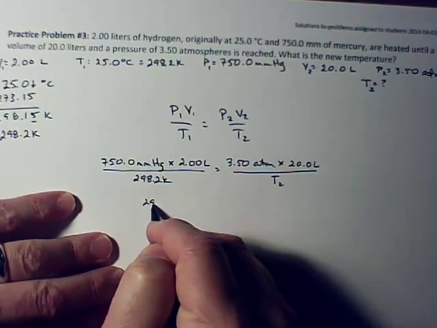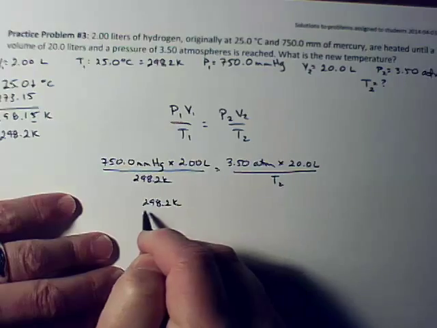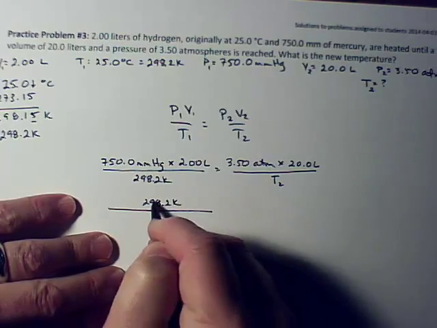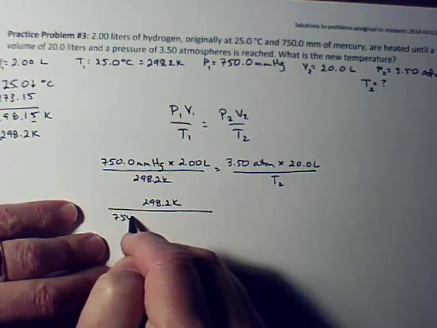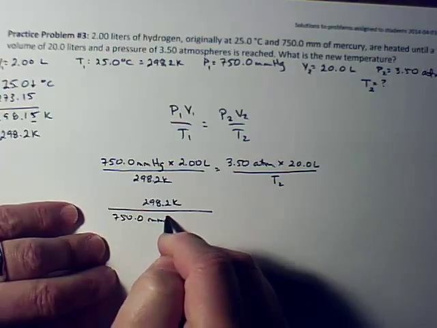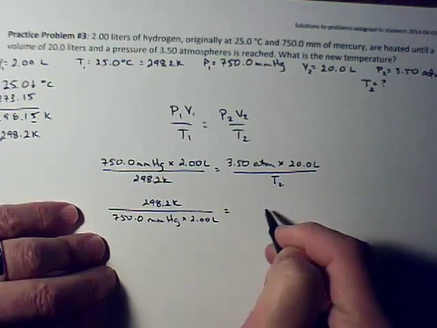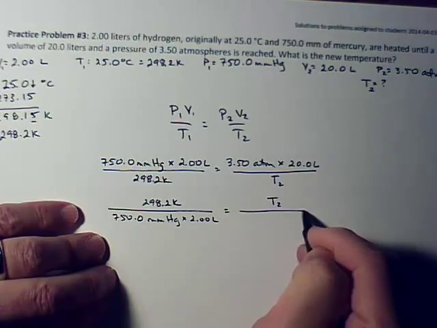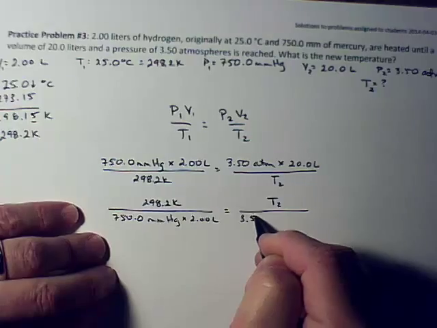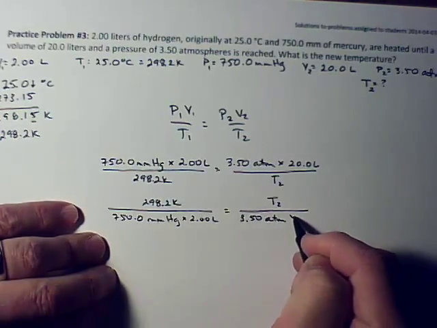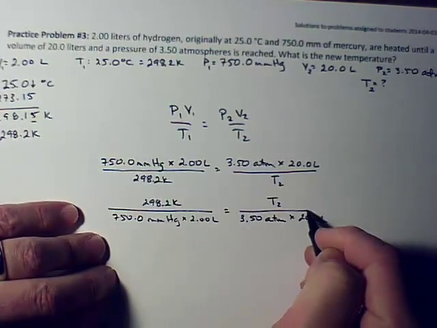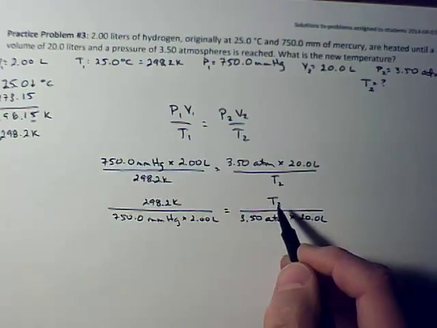I'm going to have 298.2 K over 750.0 millimeters of mercury times 2 liters, and that equals T2 over 3.50 atmospheres times 20.0 liters. Now we've got the unknown on the top of a fraction.